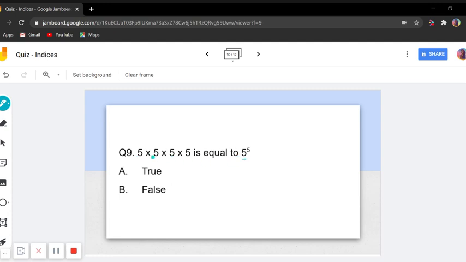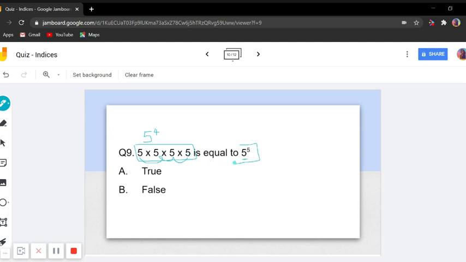The base number is correct. So how many times does 5 multiply by itself? Let's count it together. 1, 2, 3, and 4. So this expanded form is supposed to be 5 to the power of 4 because it is multiplied by itself for 4 times. 1, 2, 3, 4. Alright.